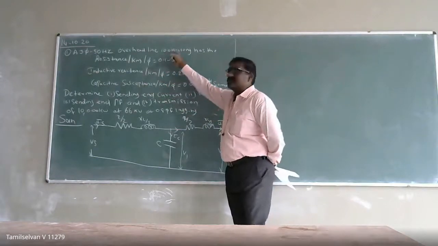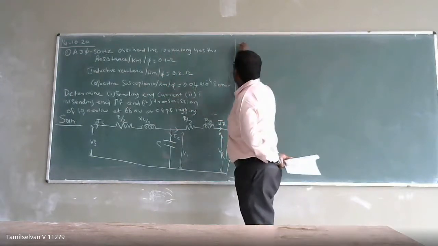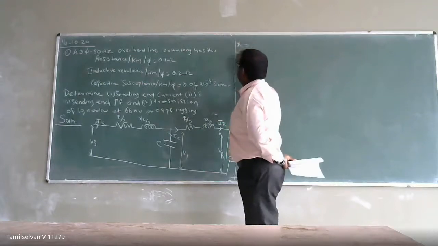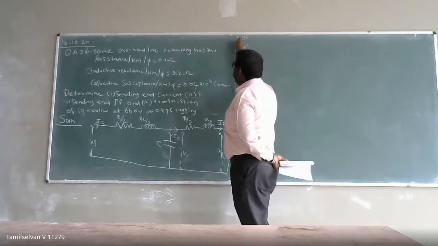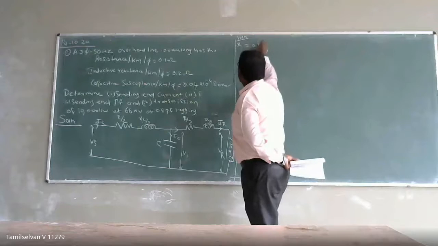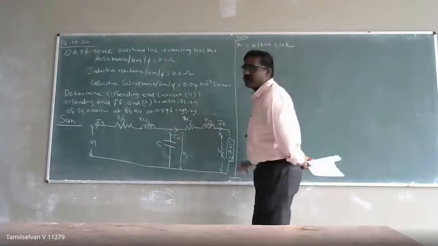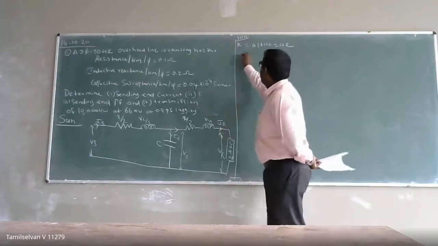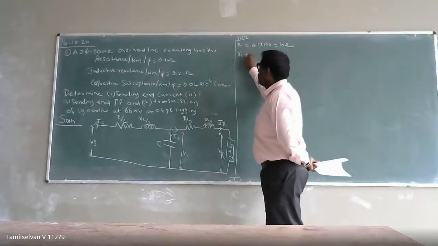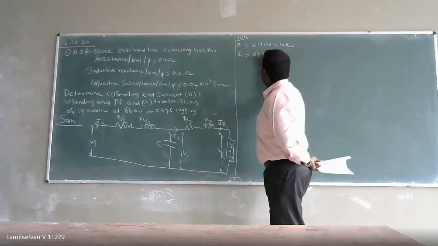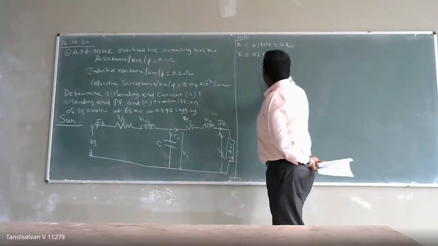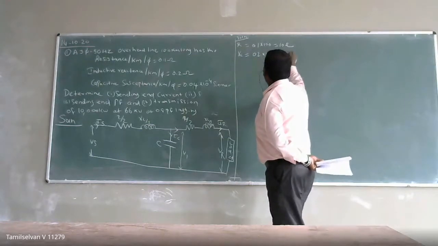But our length of the transmission line is 100 kilometers. So R for 100 kilometers is 0.1 into 100, which equals 10 ohm for the entire length of the line. Similarly, reactance XL is 0.2 into 100, which equals 20 ohm.